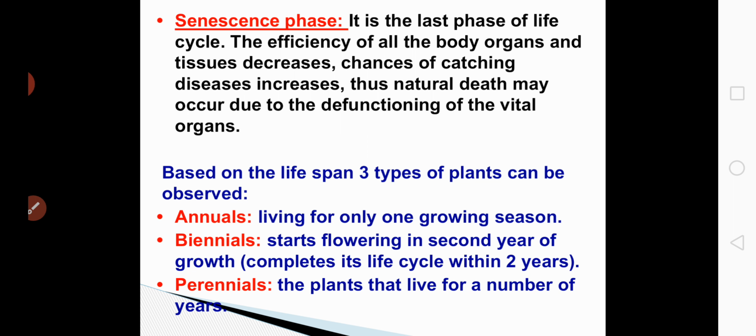Based on the lifespan, the plants are grouped into three types. They are annuals, biennials and perennials. So these are the groups of plants based on the lifespan. Am I clear? Now, what do you mean by annuals?